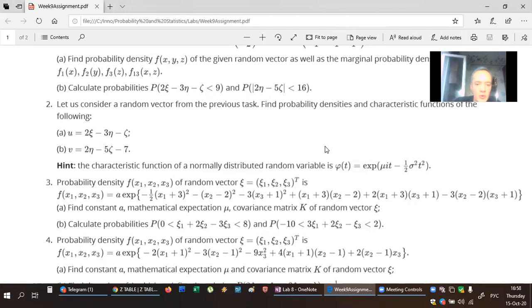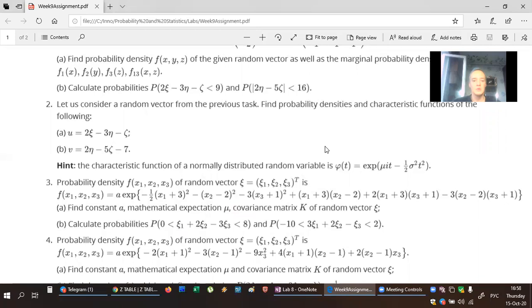As you see from the PDF, it looks very much like the PDF for a normally distributed random vector, and it is actually such a distribution. So you just have to find mu and k, and then you can calculate a. I guess it's not difficult.